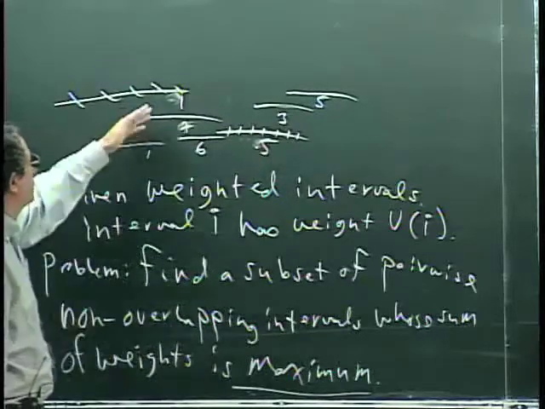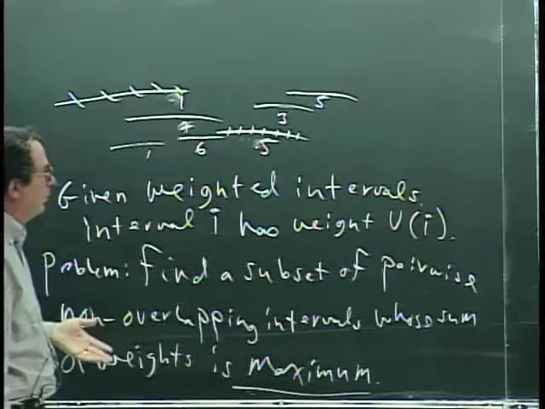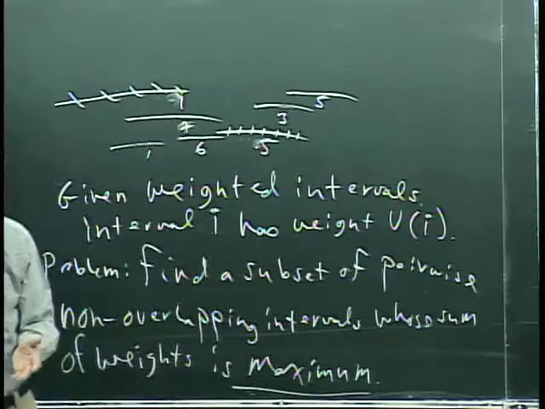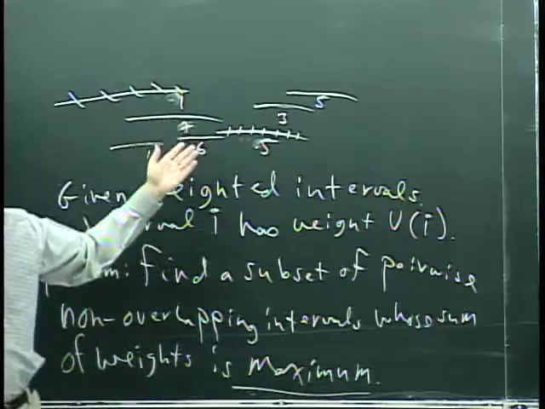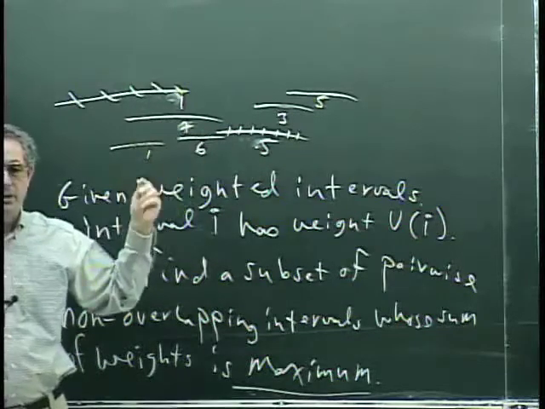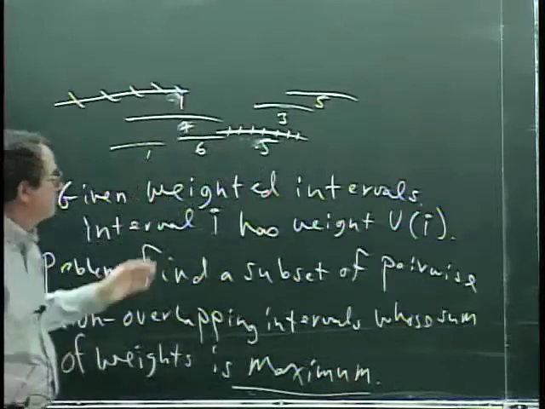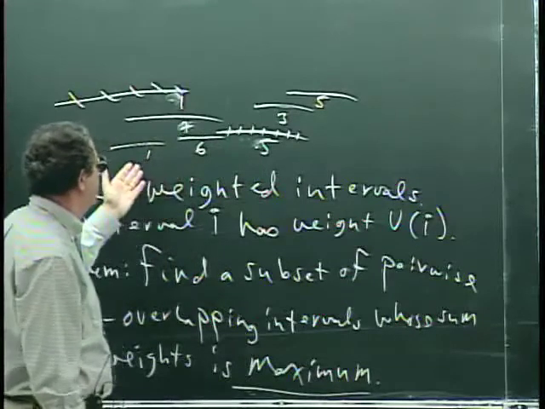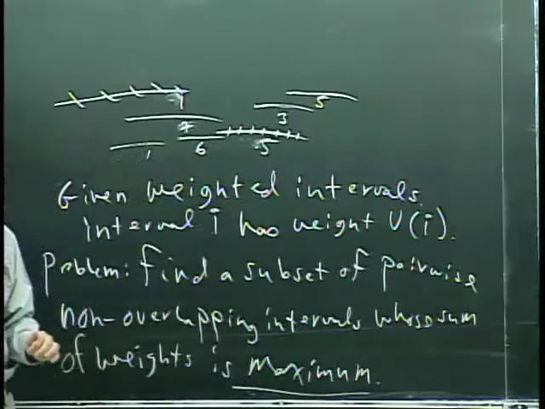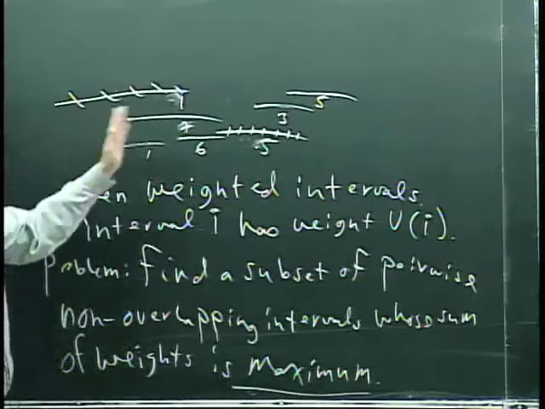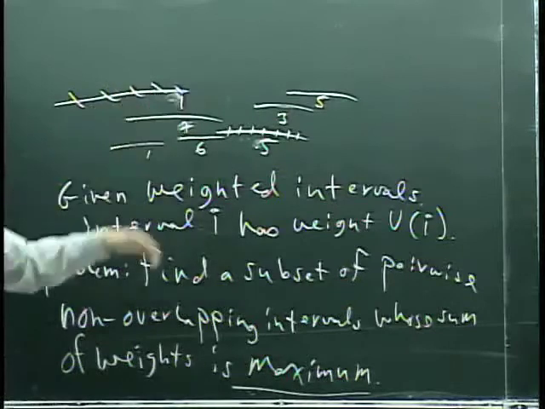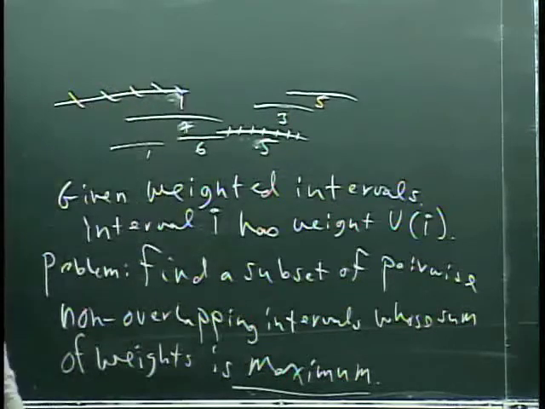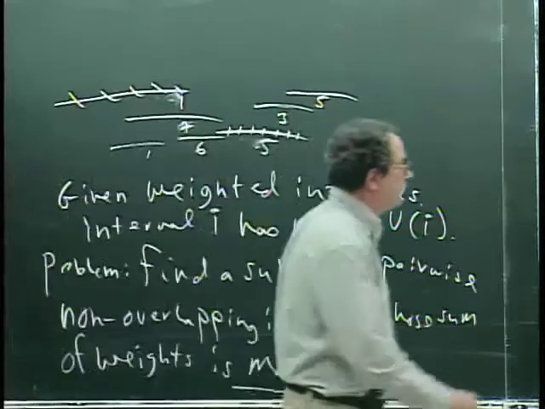So this problem of maximizing the total weights looks more complicated than the problem of just maximizing the number of intervals. And so we'll need another type of algorithm that isn't quite so greedy. It isn't just left to right, pick the next available interval and then exclude the ones that are intersecting.